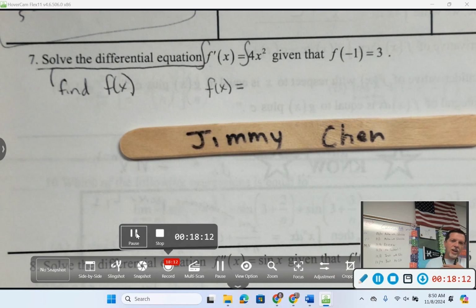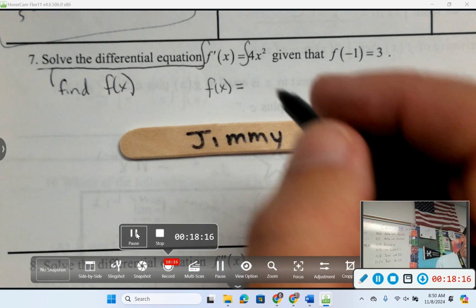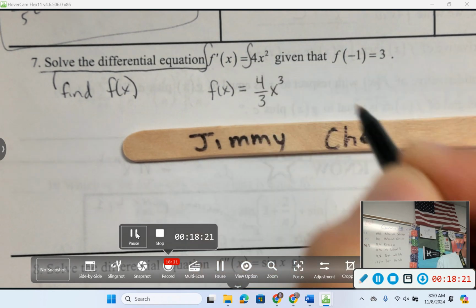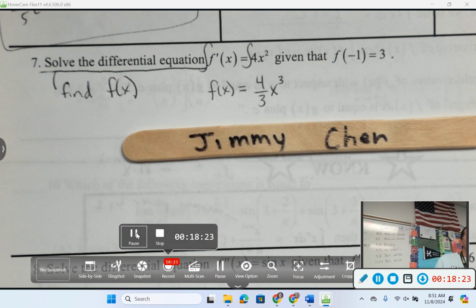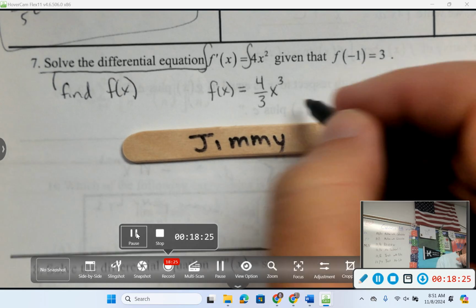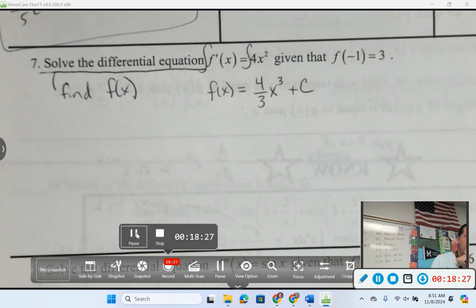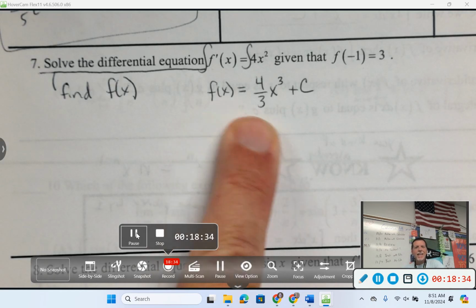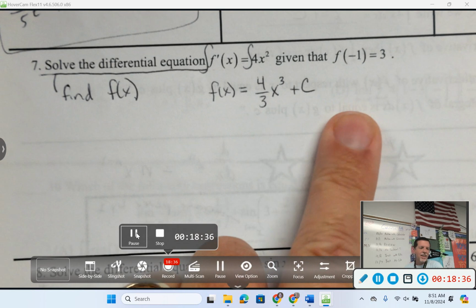Jimmy, how about the antiderivative of 4x squared? And then go ahead and finish that off for me. Plus c. Okay, so I have f of x, kind of, but I don't have it exactly.